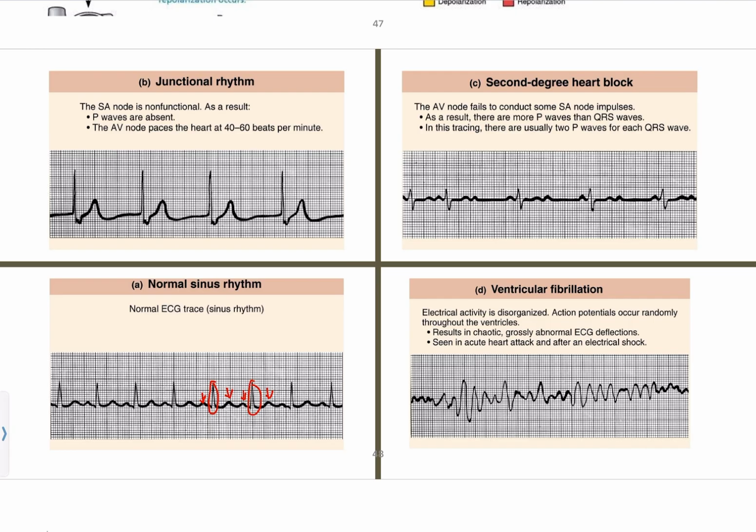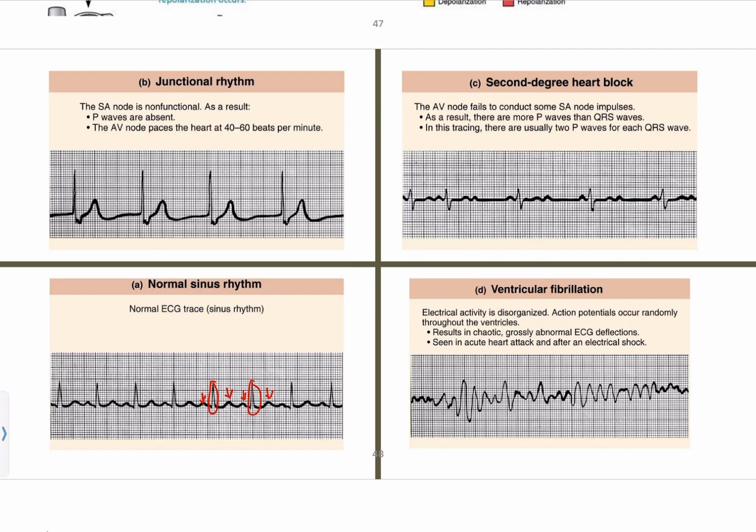In the event that something is wrong with our SA node and it's not spontaneously depolarizing like it should, then all we're going to have are signals being sent from our AV node. When we send a signal from our SA node to our AV node, that marks atrial depolarization. So if we can't depolarize our atria, we are not going to have a P wave. Our P waves are going to be absent.